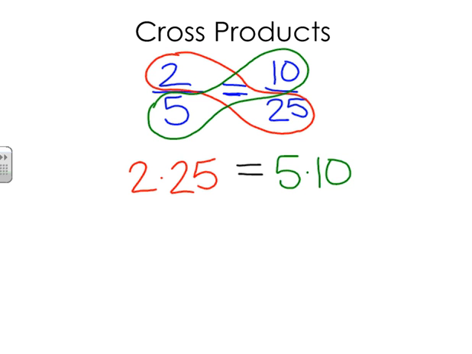So we can set up a new equation that shows those two are equal. Now let's just make sure 2 times 25 is 50, and 5 times 10 is also 50. 50 equals 50, so I can be confident that 2/5 and 10/25 do form a proportion.